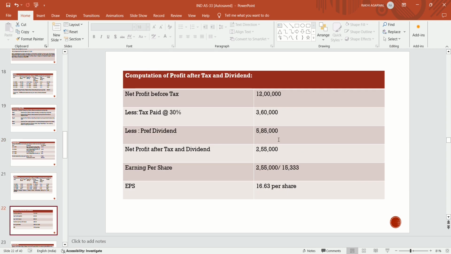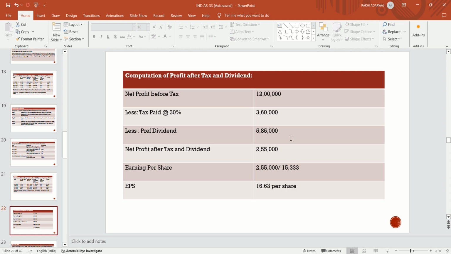So from 12 lakhs we reduce the tax component and also the preference dividend. Then the net profit attributable to the equity shareholders becomes 12 lakhs minus 3,60,000 minus 5,85,000, which is 2,55,000.